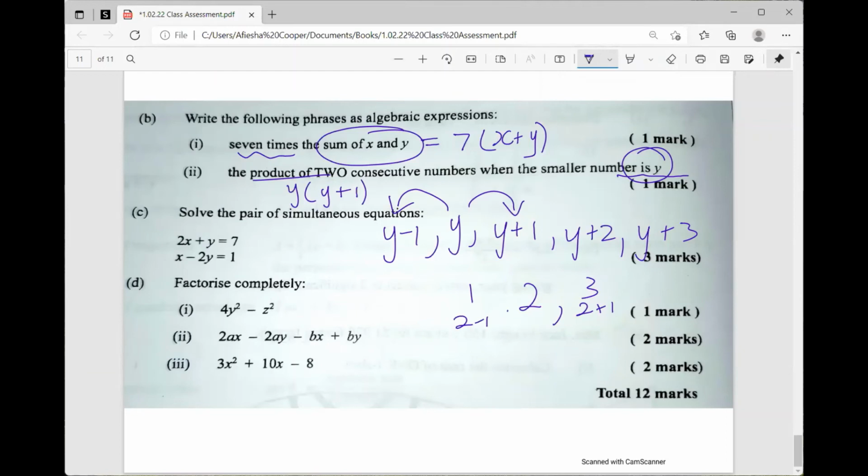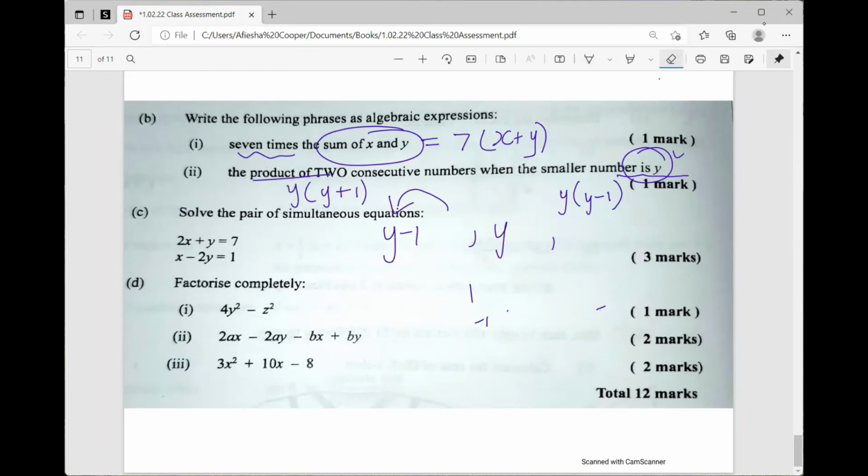Right, so if they say y was a larger number, it would have been y by y minus 1, if y was a larger number. Everybody got that? Yes, if you had no brackets, you wouldn't get it correct.